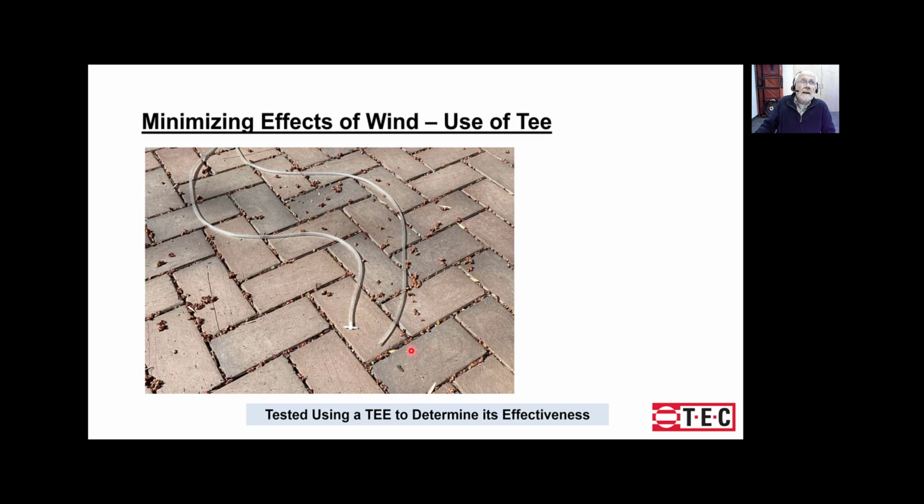On a windy day, actually on several windy days, I used TEC Log to data log the pressure difference between inside and outside. And often at this location, the T helped quite a bit. You get fewer fluctuations, less noise. It tends to damp out some of the noise.